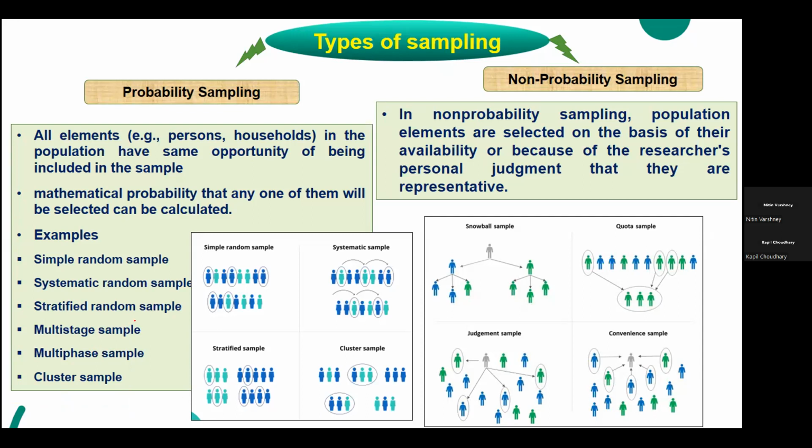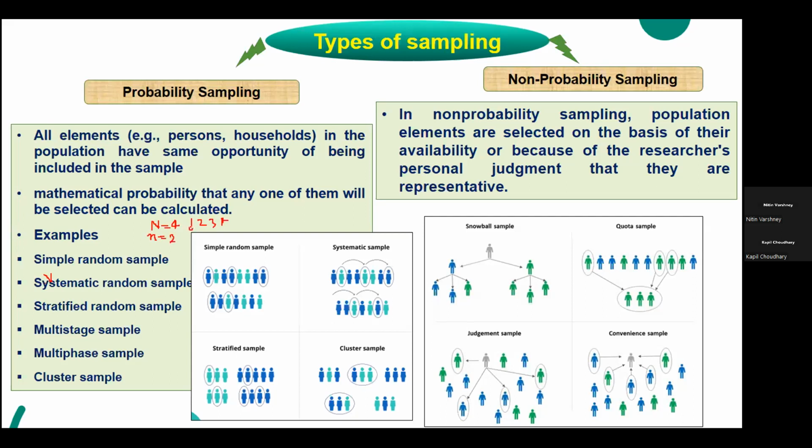Suppose we have a population of size capital N equal to 4, that is units 1, 2, 3, 4, and small n, we are collecting a sample of size 2.